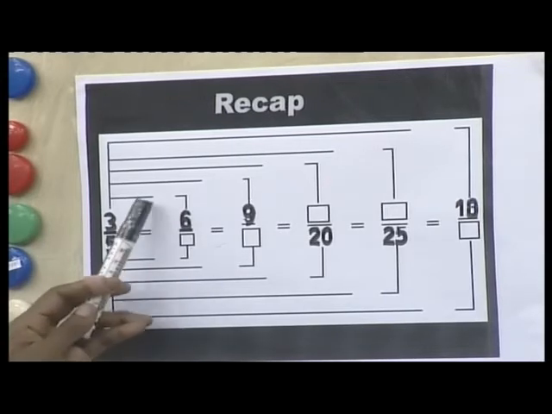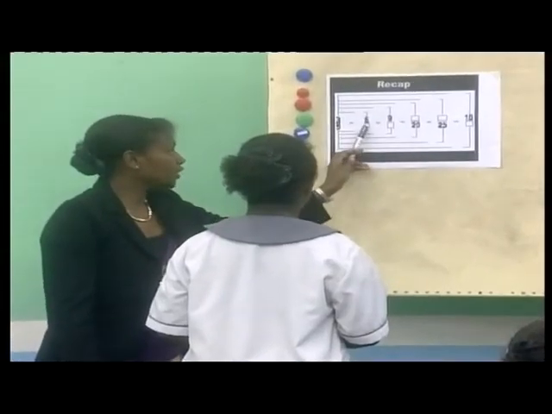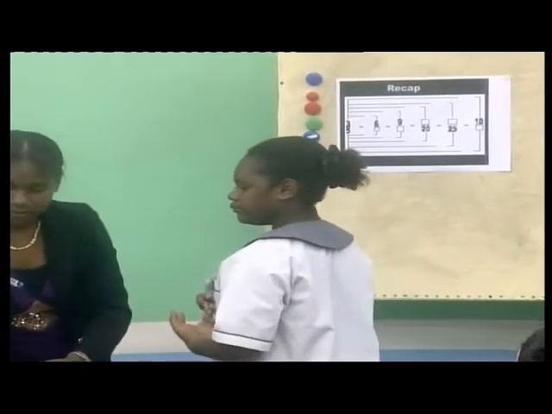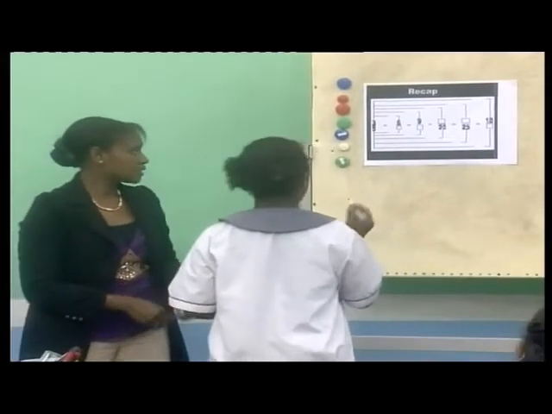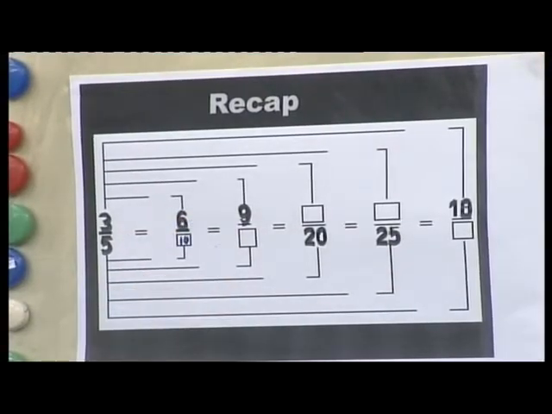You write it in the space here. What did you use? Then you write your answer in the box. Okay, we'll use another color. Milika has written her answer in the box.